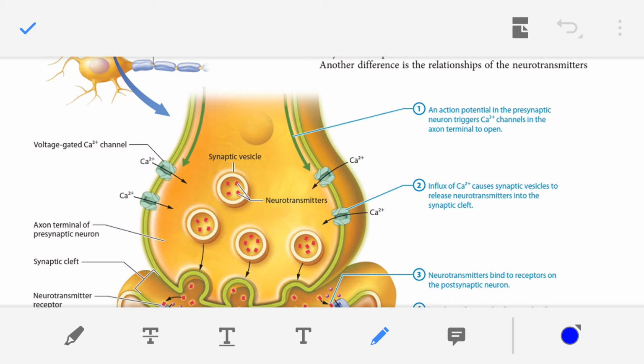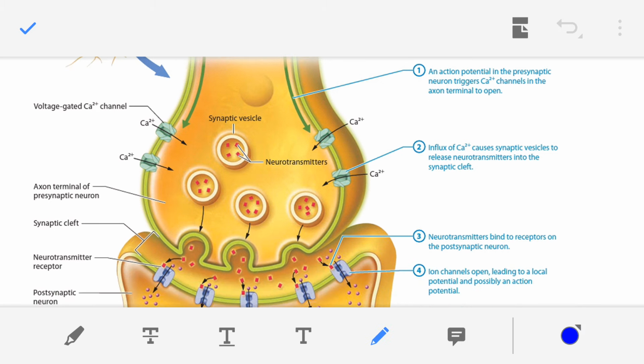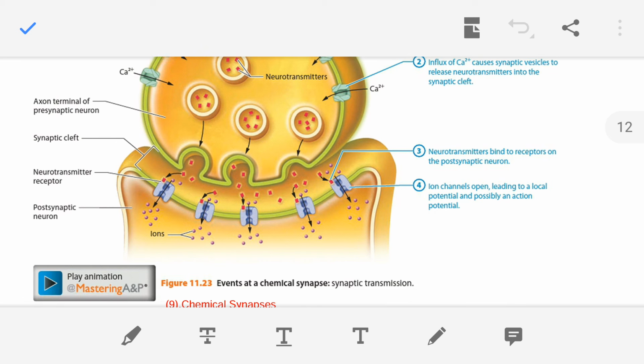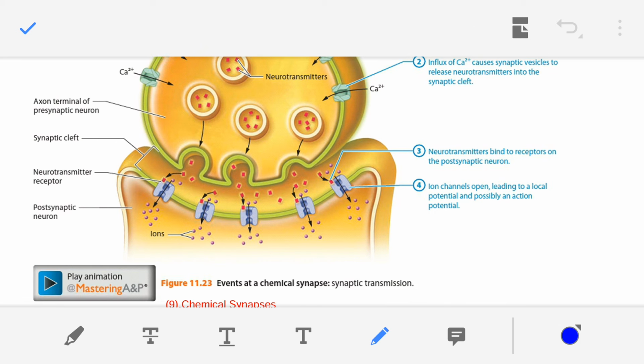So this is the axon terminal, this one is the synaptic end bulb, this is the axolemma or the plasma membrane of the presynaptic neuron, and this is the plasma membrane or axolemma of the postsynaptic neuron.